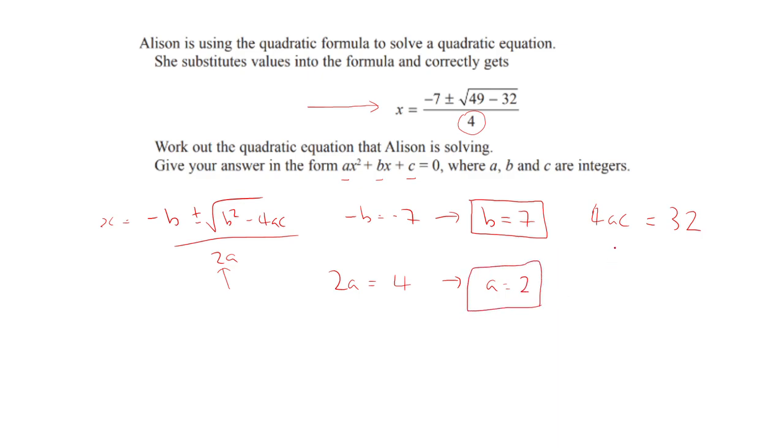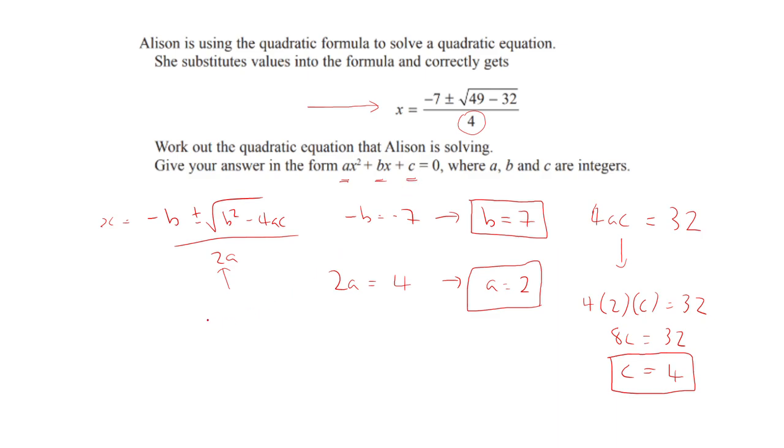And now we can use that A equals 2 to figure out 4 times 2 times C equals 32. Therefore 8C equals 32 and C equals 4. And then just to finish off, we can plug those 3 into the equation here.